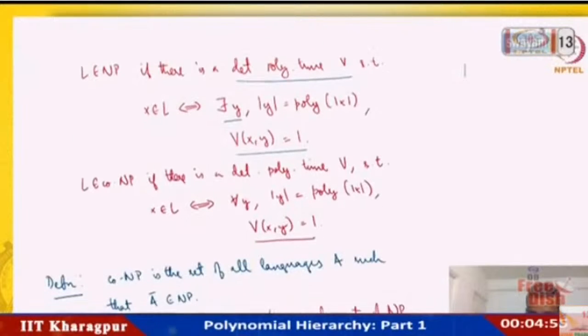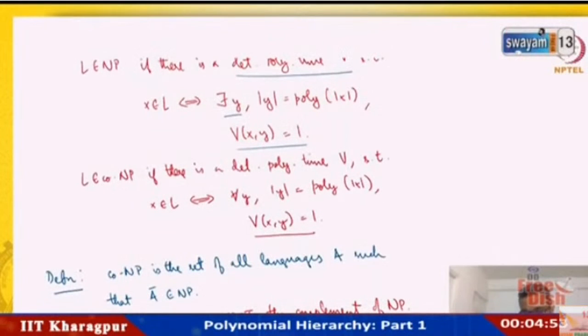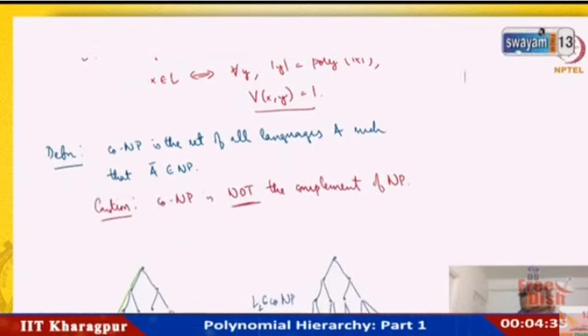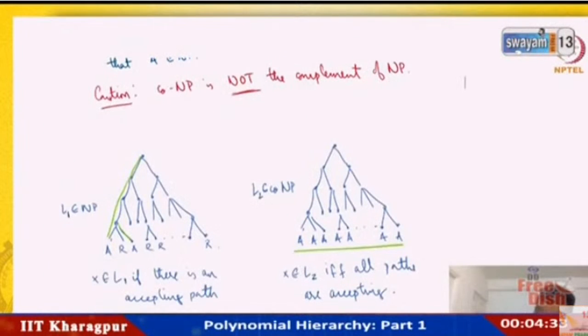If you don't have any non-determinism, if you have a deterministic polynomial time machine, all the computation paths lead to accept. So you can think of a deterministic polynomial time machine itself as a CoNP machine, right? So you have just to make a distinction, you have just this kind of thing, right?